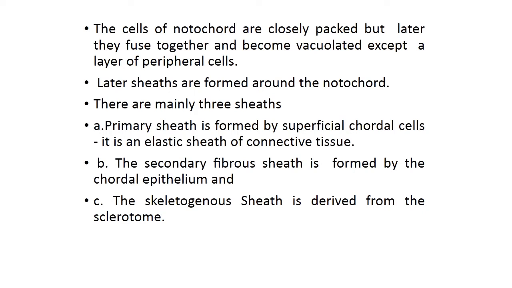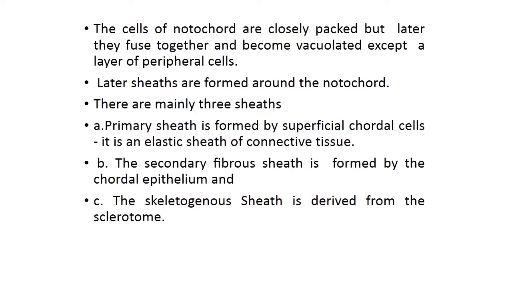The primary sheet is formed by superficial chordal cells, which is an elastic sheet of connective tissue. The secondary fibrous sheet is formed by the chordal epithelium, and there is a skeletogenous sheet which is derived from the sclerotome. So the notochord is surrounded by three main sheets.